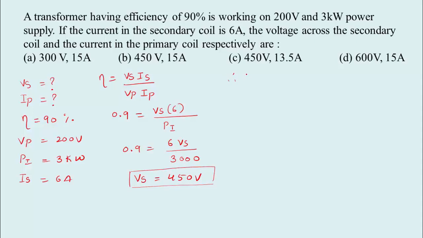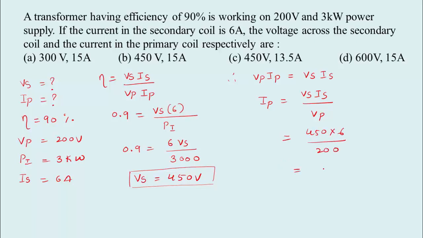Therefore I am using the relation Vp Ip equal to Vs Is. We want the Ip value. Ip equal to Vs Is divided by Vp. Substituting the values: 450 into 6 divided by 200.